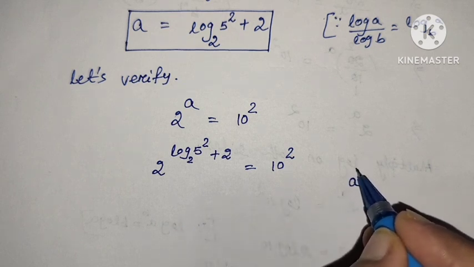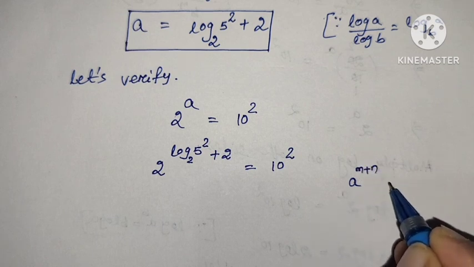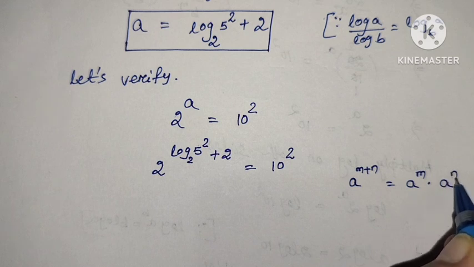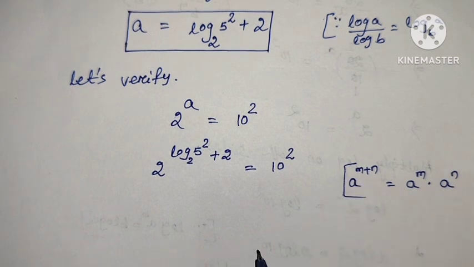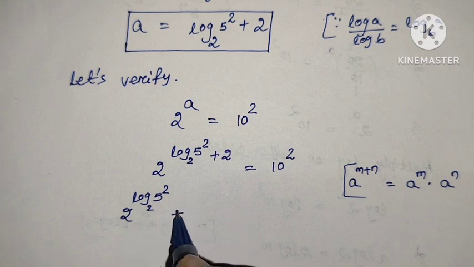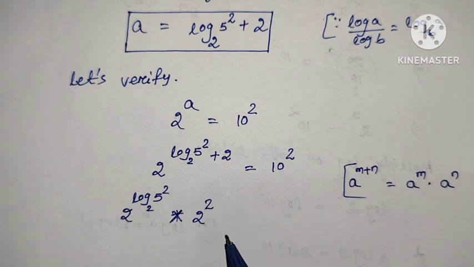We know a to the power m plus n is equal to a to the power m into a to the power n. Yes. Then 2 to the power log 5 to the power 2 base 2 into 2 to the power 2 is equal to 10 to the power 2.